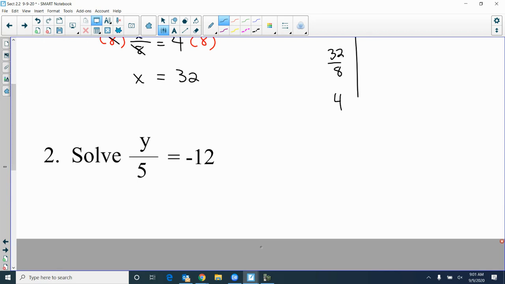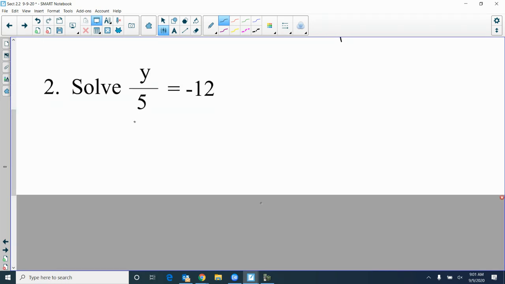All right, y over 5 equals negative 12. For these, I want you to go ahead and, because I didn't leave you a lot of room, multiply on the sides. This is the only time I'm going to do it on the sides. And in this case here, what should I multiply by, Josh?